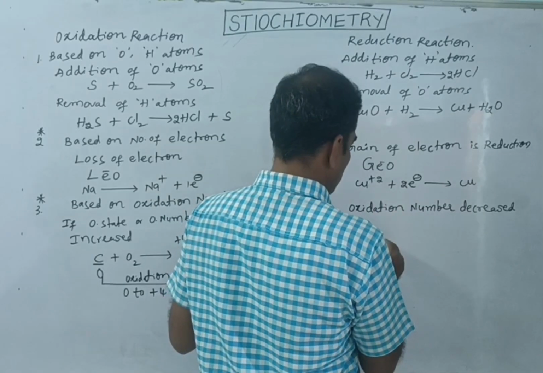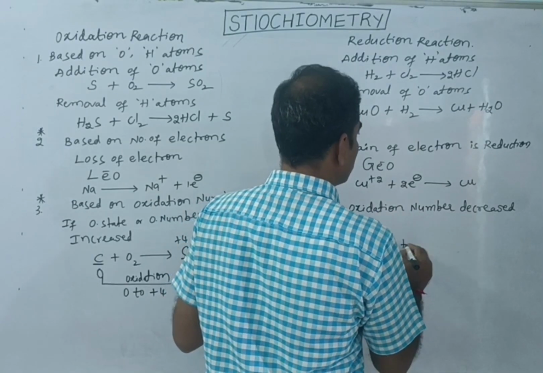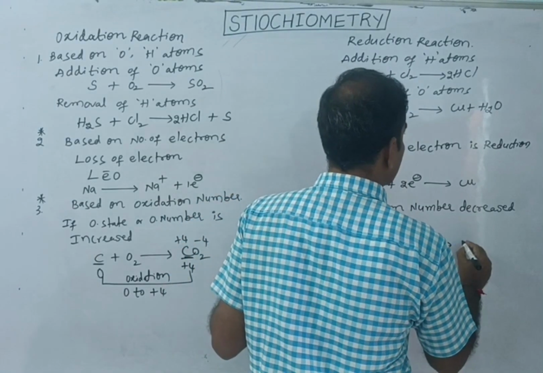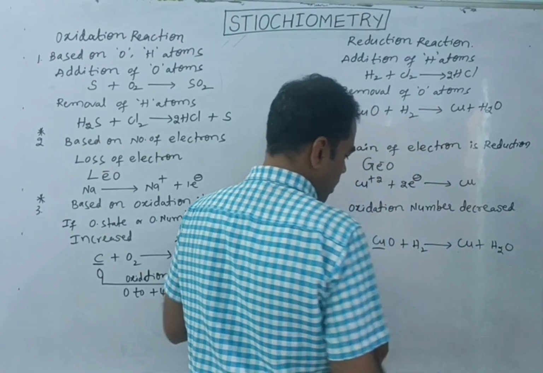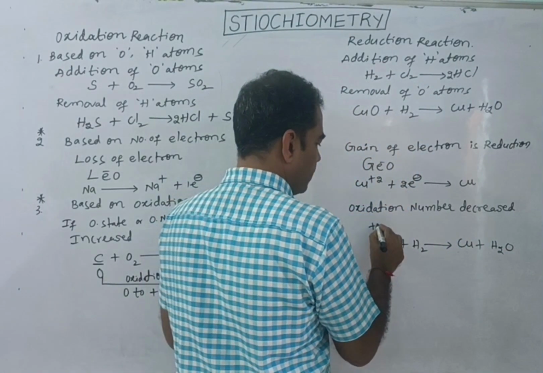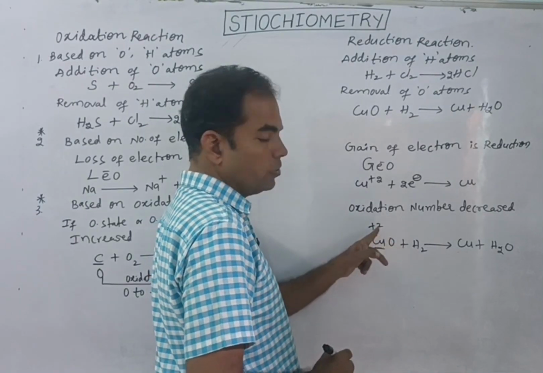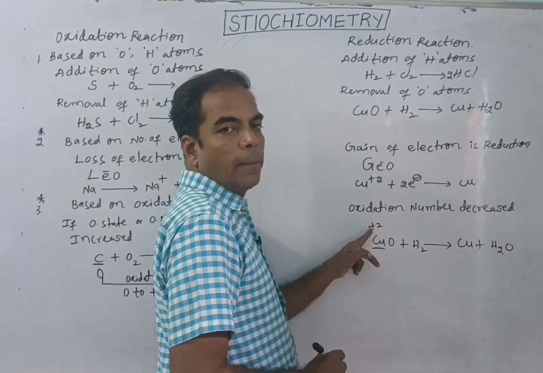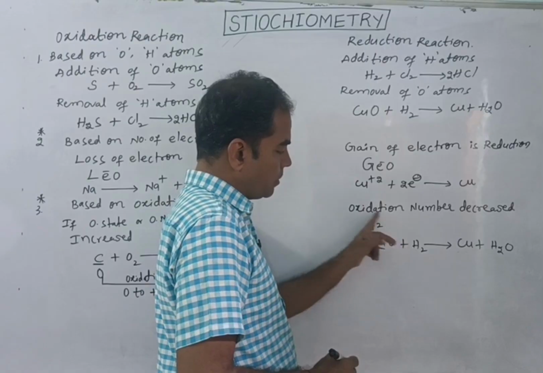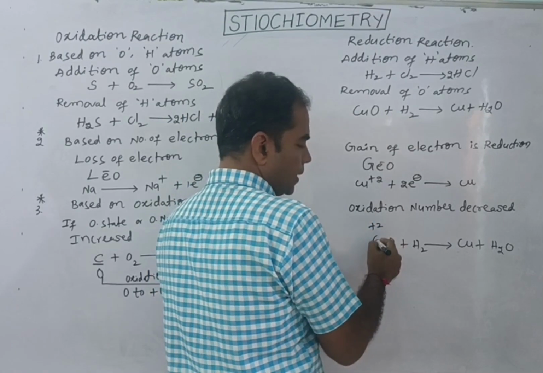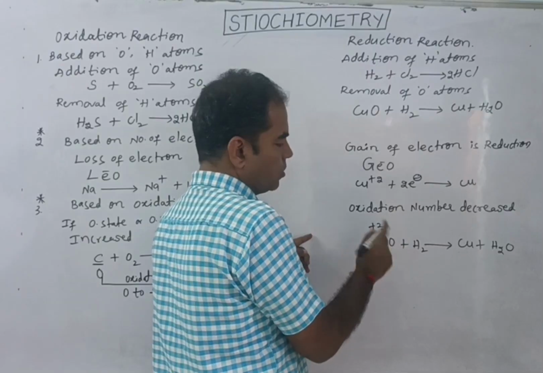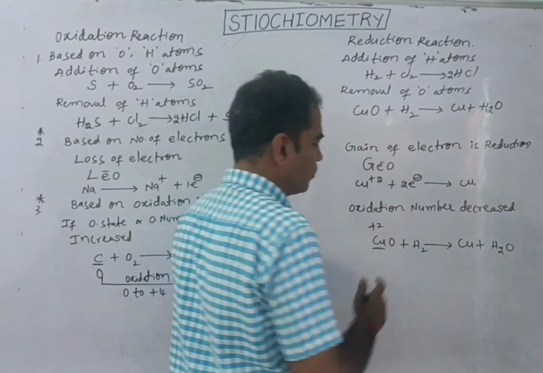See, CuO plus H2 gives rise to Cu plus H2O. In this, copper oxidation number plus 2, and oxygen is minus 2, when the sum of the oxidation number of all atoms should be equal to 0. Here oxygen is minus 2, then copper oxidation number is plus 2. Minus 2 plus 2 equals 0.